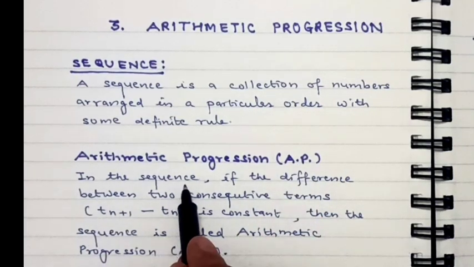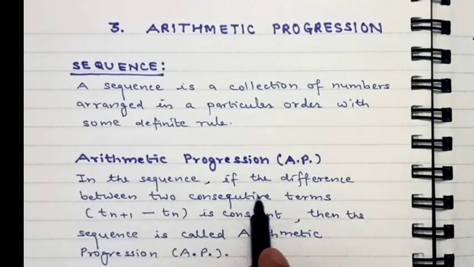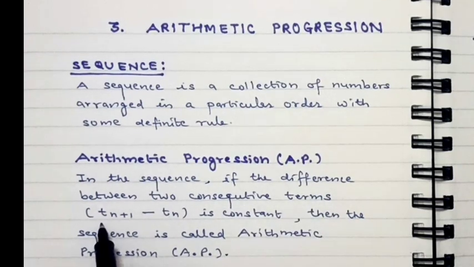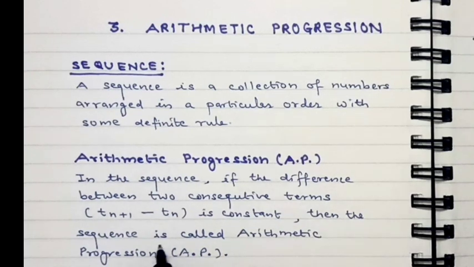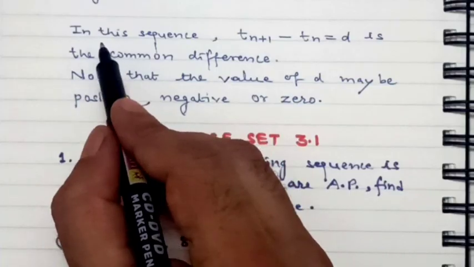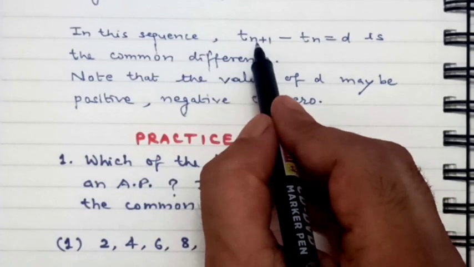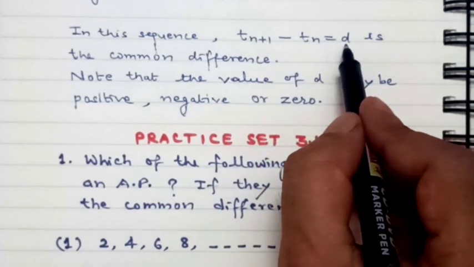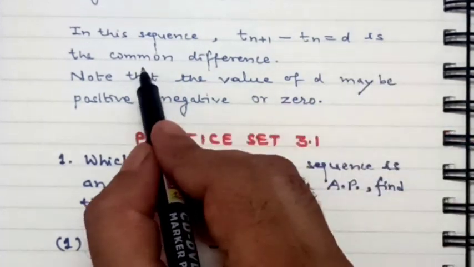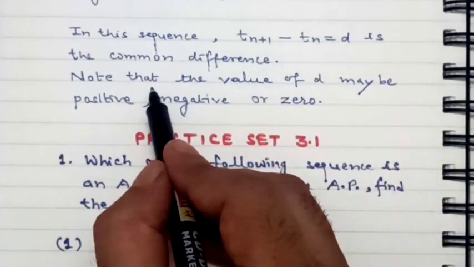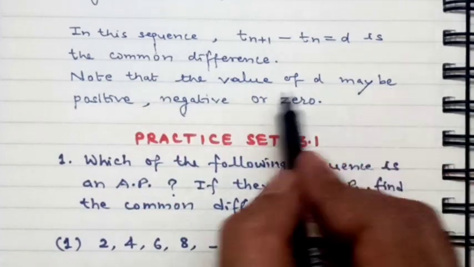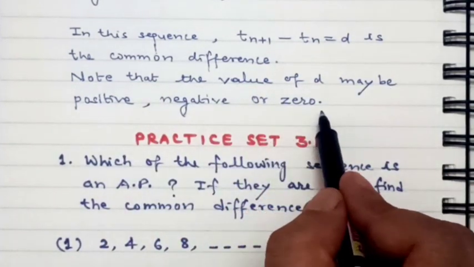In a sequence, if the difference between two consecutive terms, that is Tn+1 minus Tn, is constant, then the sequence is called arithmetic progression, AP. In an AP, Tn+1 minus Tn is d, the common difference. Note that the value of d may be positive, negative, or 0.